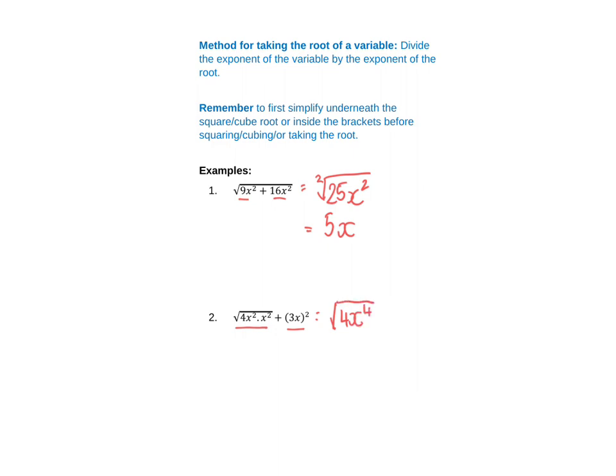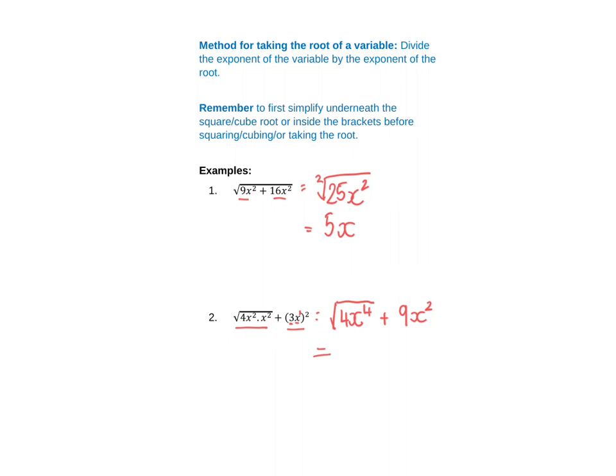Now in the root we were multiplying the same bases, and for that the laws of exponents say add the exponents, and that's why 2 plus 2 for the exponent became 4. Plus then 3x all squared means we're going to raise 3 to the power of 2, and that is 9. And x to the power of 1 is raised to the power of 2, and that would just be 1 times 2 is 2 for the exponent.